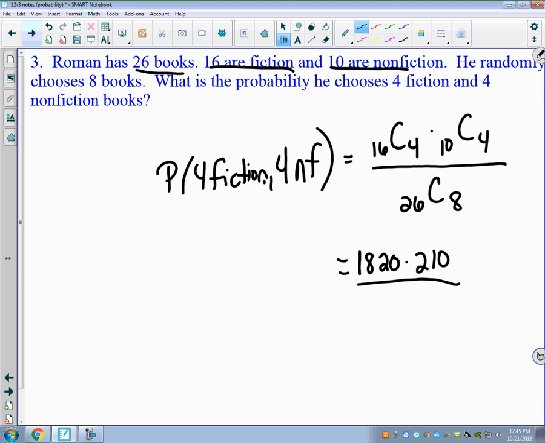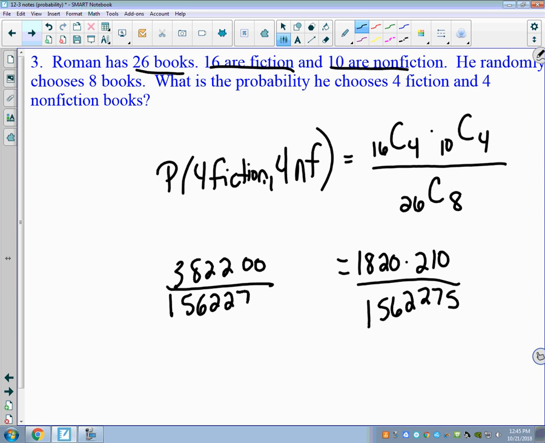I have to type this into my calculator using my combination button. So 16 choose 4 is 1820, and 10 choose 4 is 210, and 26 choose 8 is a lot: 1,562,275.